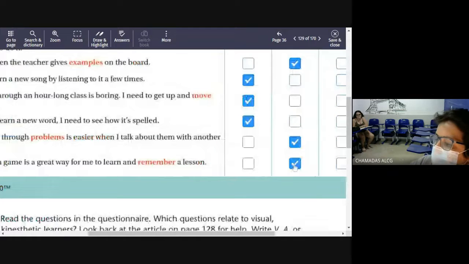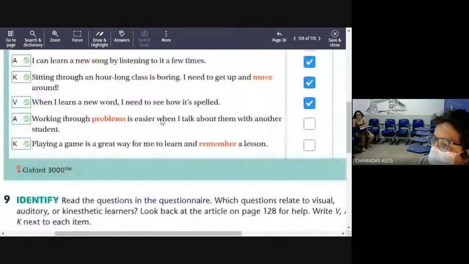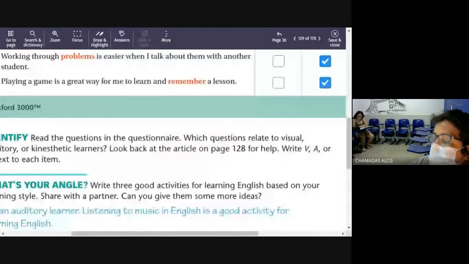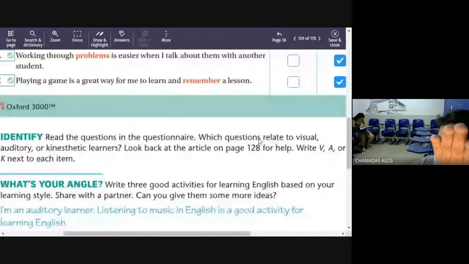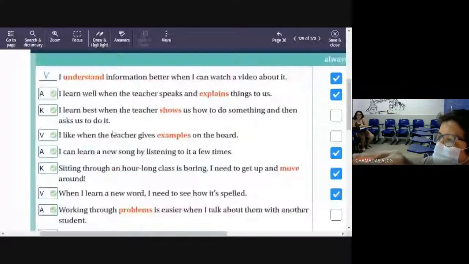Okay. Then here we have, they want us to read the questions in the questionnaire. Which questions relate to visual, auditory, or kinesthetic learners? So let's see, here we have the answers already.